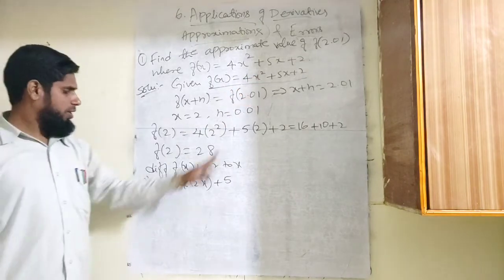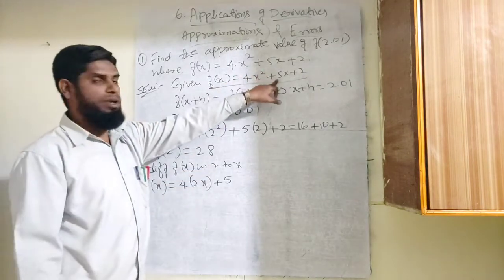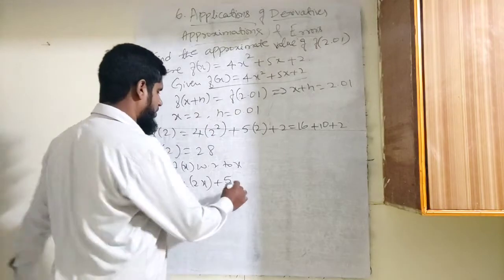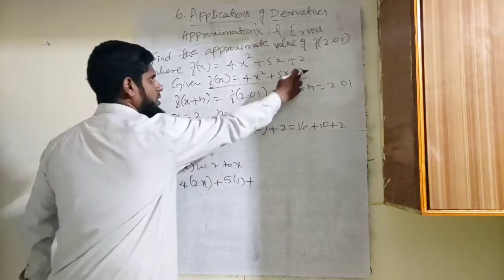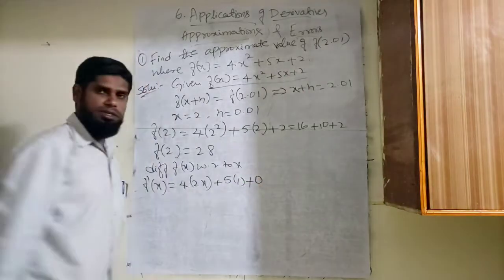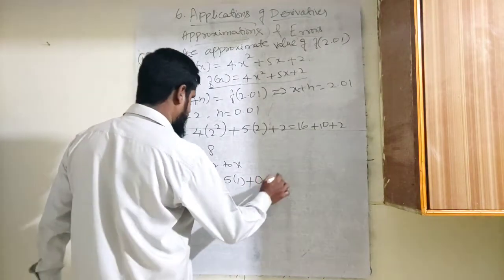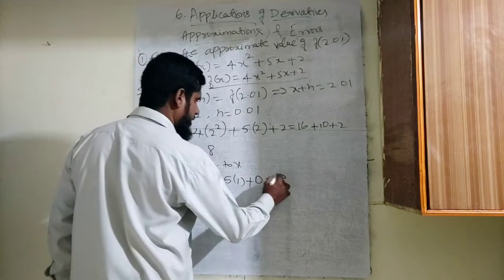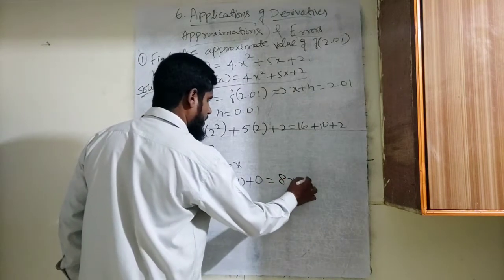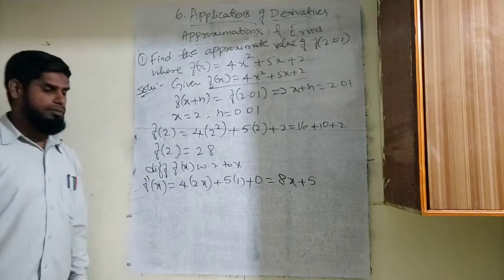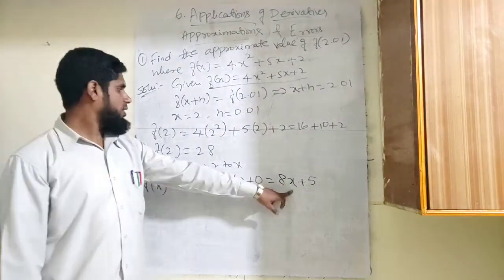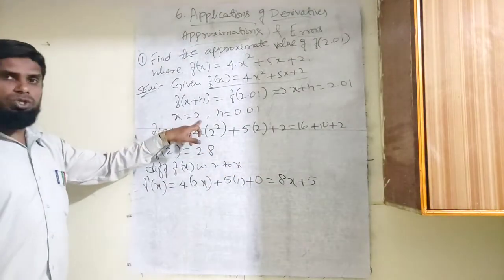Derivative of x square is 2x. 5 is the coefficient as it is. Derivative of x is 1, plus the derivative of a constant is 0. So finally I will get 8x plus 5. What is the value of x here? The value of x is 2.